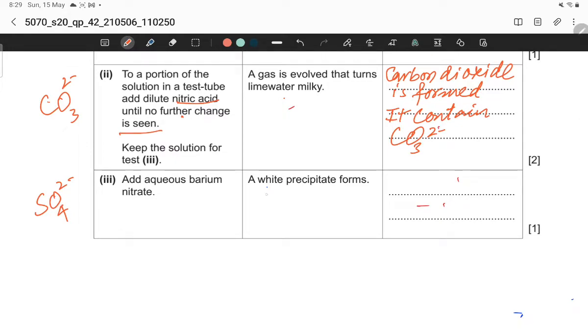Add aqueous barium nitrate, a white precipitate forms in this solution. If a white precipitate forms, it means the solution contains sulfate ions.